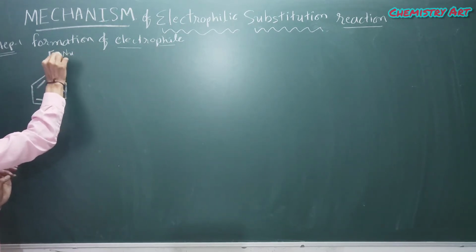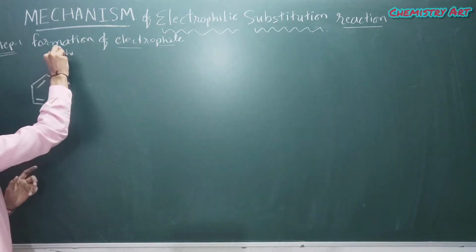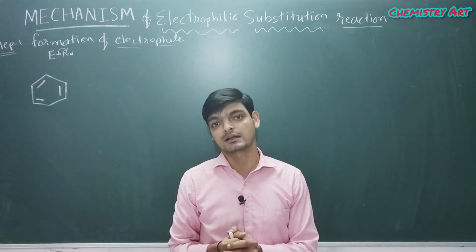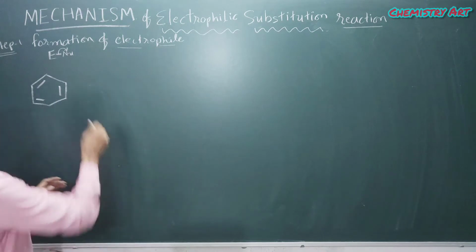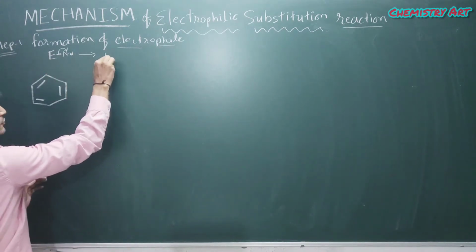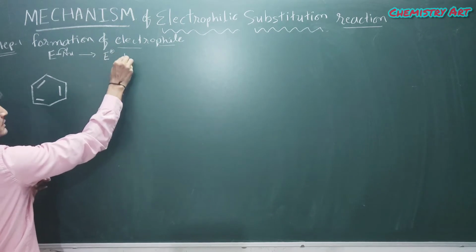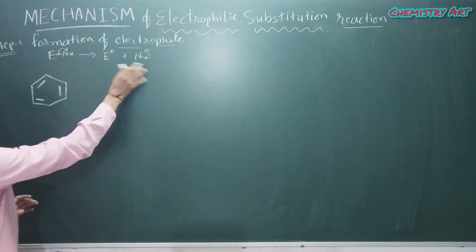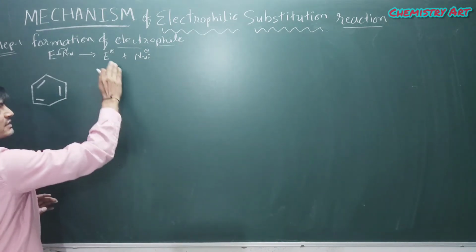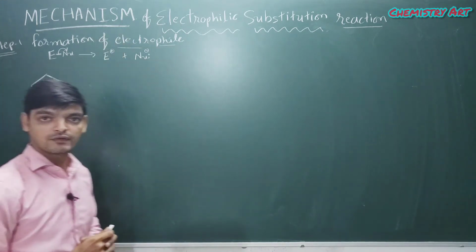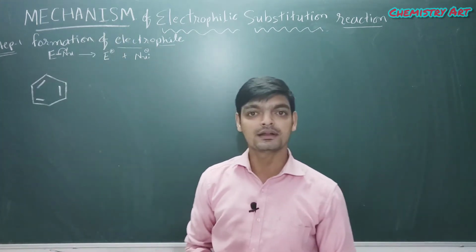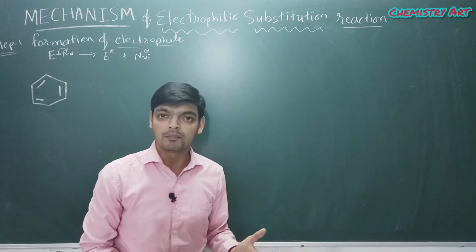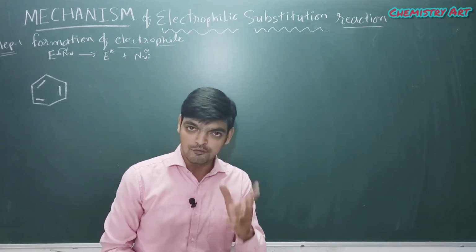The 2 electrons of the covalent bond will be gained by one atom, and heterolytic fission will occur. From here you will get E plus and Nu minus. So we get two species, one positively charged and one negatively charged. This positive species is our electrophile. So first of all you have to form the electrophile, anyhow, with the help of any catalyst or any other compound.